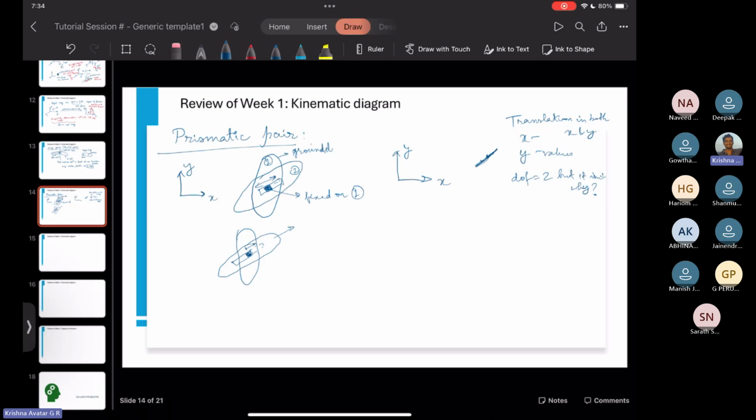Although the displacement looks like this, I'll call it S. However, by virtue of the arrangement of this geometry, you can only move along this direction, and this makes some angle alpha with respect to the x-axis.